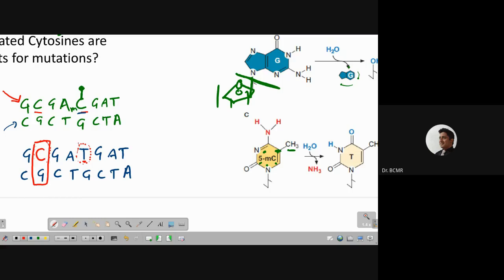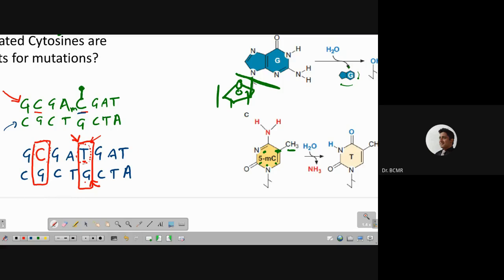What about this case? Which of it is abnormal? Is T abnormal or is G abnormal? It's very difficult to find out, right? It's almost impossible because G is a normal base, guanine, as well as T is also a normal base. Then there will be difficulty in which one to repair.